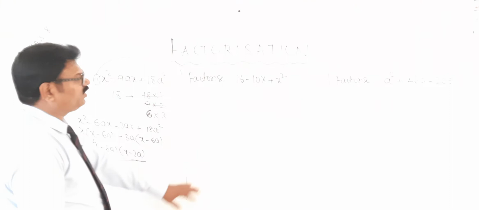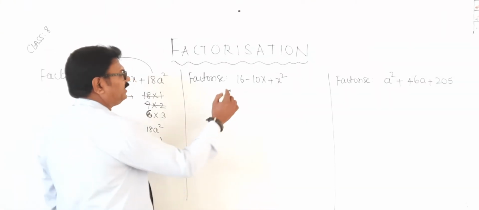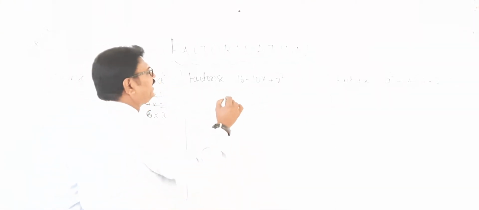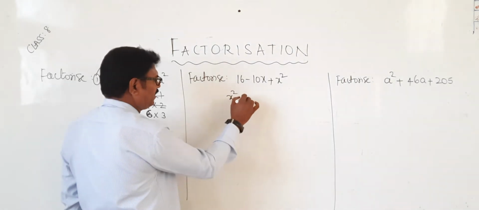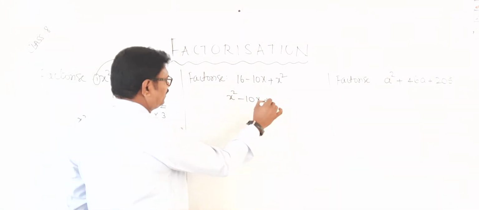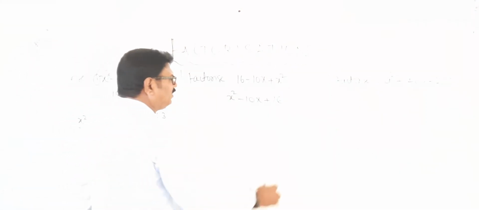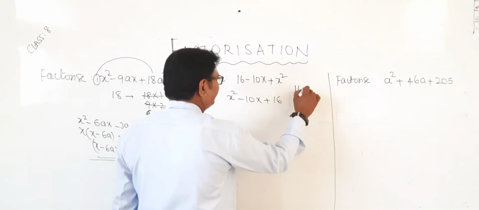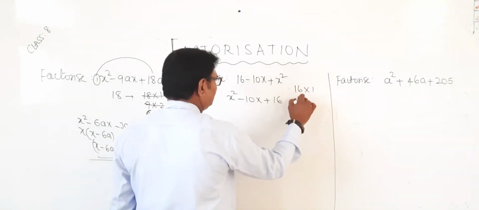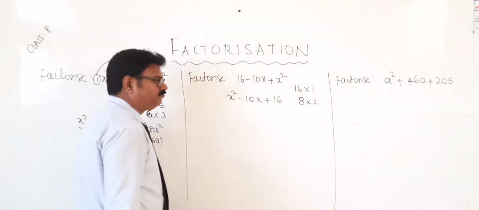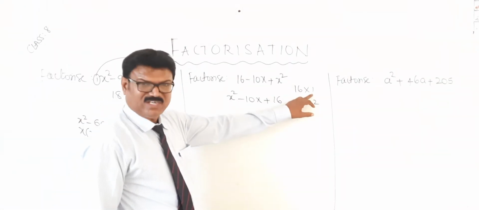Next, coming to this one. It is not in the proper order, so we should write it in order: x square minus 10x plus 16. Plus 16 is very simple. The factor pairs are 16 into 1 and 8 into 2. 16 plus 1 is 17, and 16 minus 1 is 15.